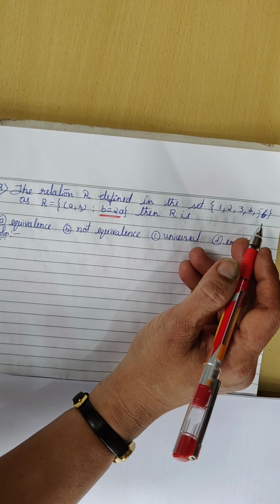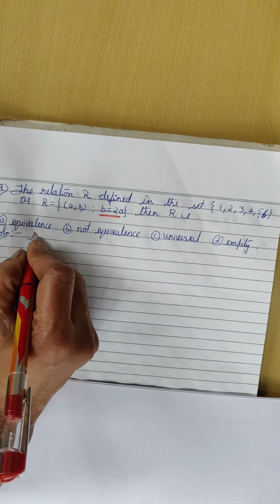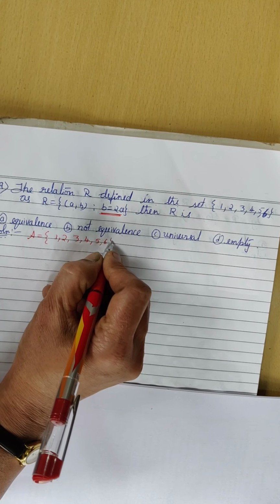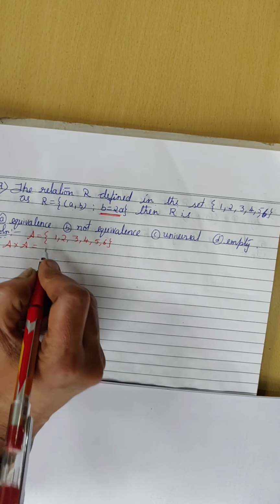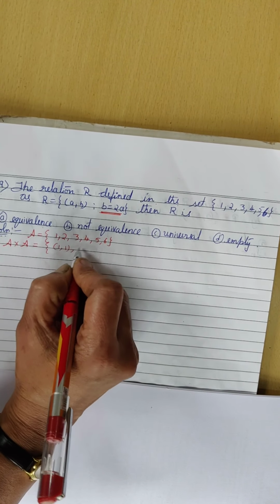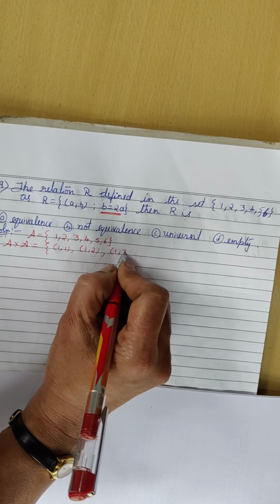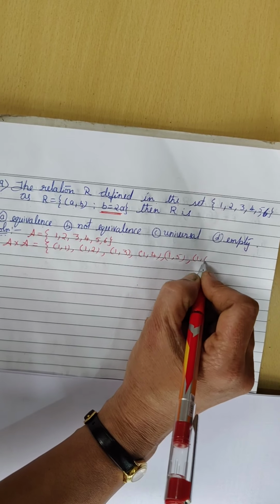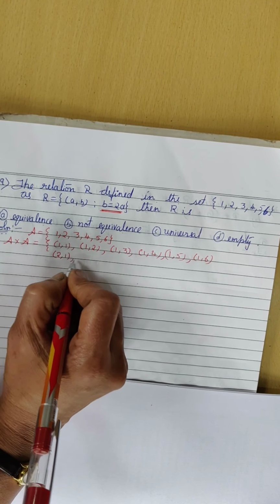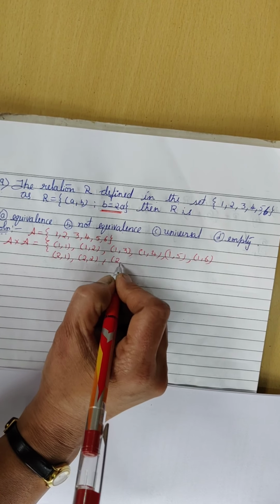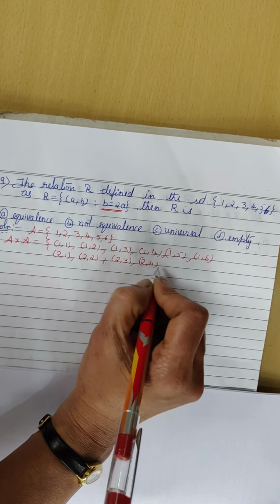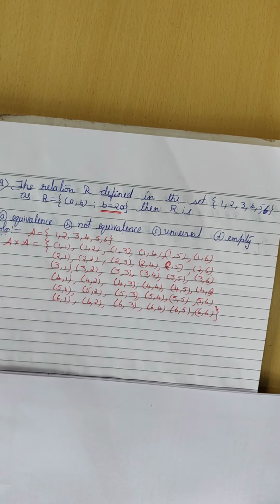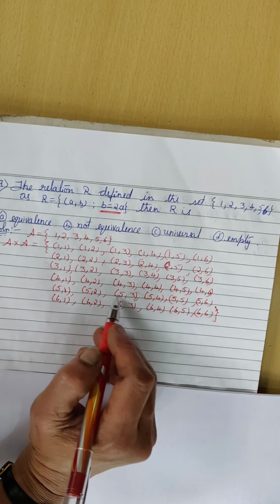Let me consider this as A equals {1, 2, 3, 4, 5, 6}, and let me do A cross A. Very simple. (1,1), (1,2), (1,3), (1,4), (1,5), (1,6), (2,1), (2,2), (2,3), (2,4), (2,5), (2,6). I have written all the ordered pairs of A cross A.